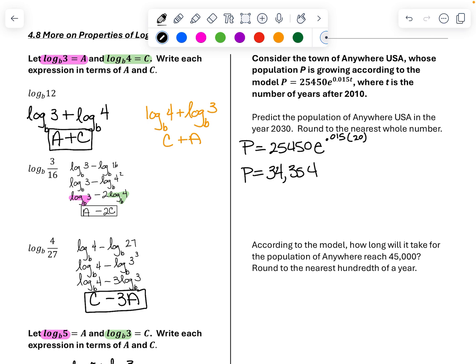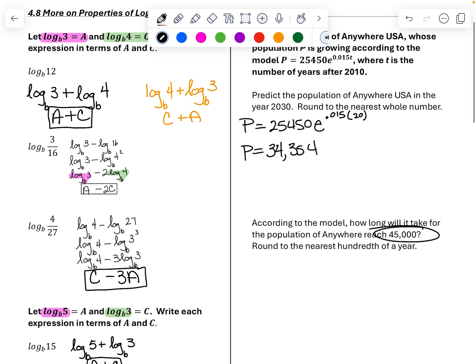Okay, so this is what's new. That's our desired population, so that's going to be P. So we're going to say 45,000 is equal, and we're going to use this equation. So 25,450 people, e to the 0.015t for time.